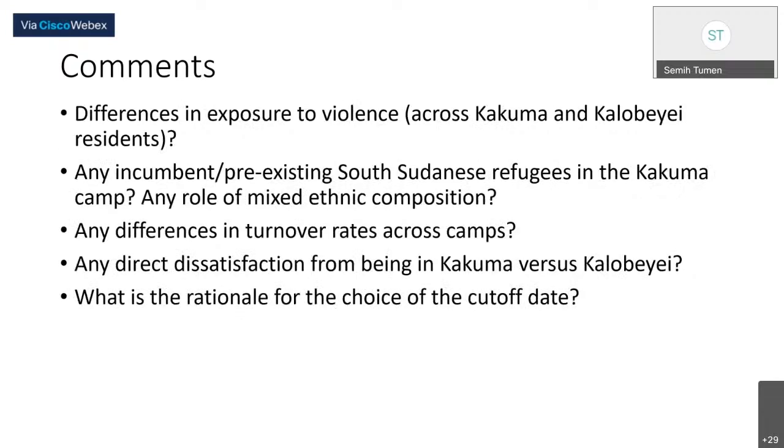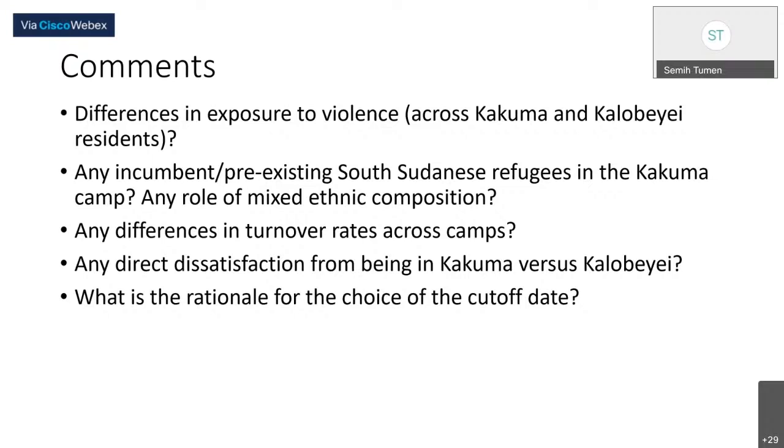I also have some minor comments. You said that there are differences in exposure to violence between episodes. Based on my own reading, I saw that in the Kalobeyei camp, the residents are exposed to a higher volume of violence.